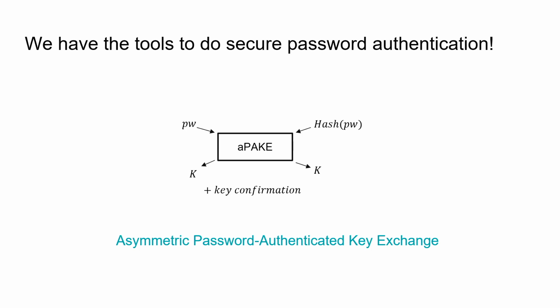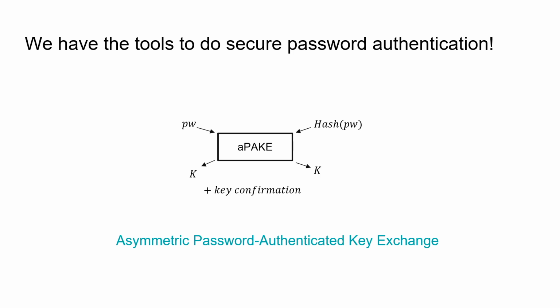You can view this, for example, as an instance of a zero-knowledge proof, where you prove in zero-knowledge that you know, for example, a pre-image of a hash. You can view it as an instance of a multi-party computation, or you can view it as an instance of asymmetric password authenticated key exchange.